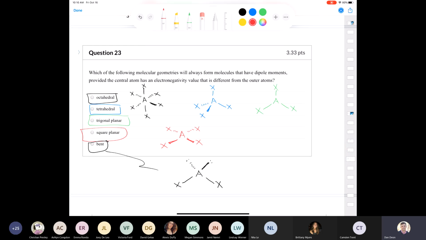But again, these dipoles are both pulling down like this, so the resultant dipole is going to be pulling down like that. So when I have a bent molecular geometry, I'm going to have a net dipole. And so the answer is bent will always have a dipole moment when the central atom has a different electronegativity value than the outer atoms.